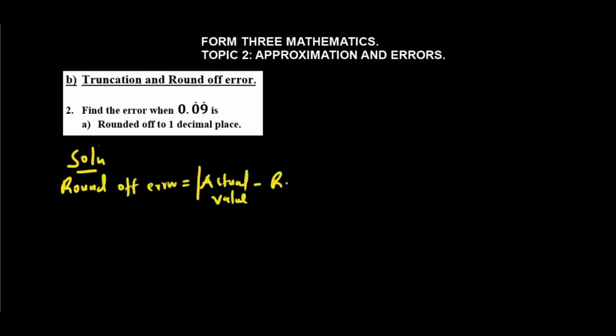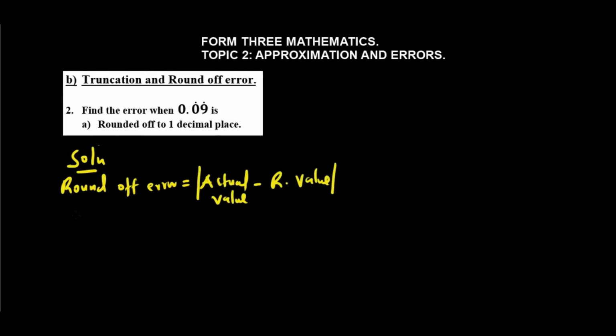So next we are looking at the round off and truncation error. So here we have a question: find the error when 0.09 recurring is rounded off to one decimal place for part A. So the solution to this, we first of all must know that round off error is obtained as the absolute value of the difference between the actual value minus the rounded value.